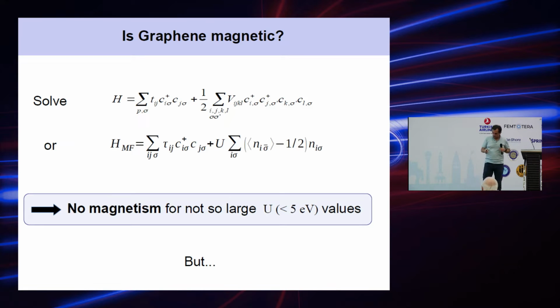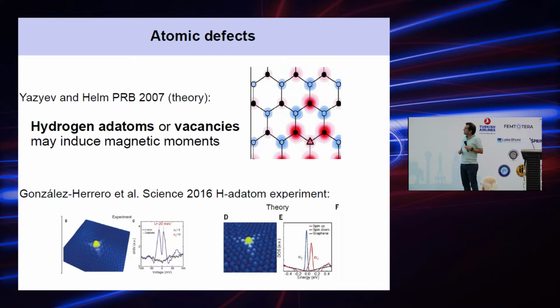Before talking about artificial graphene, the short answer is no. If you do the calculation, for instance, using some mean field theory, for realistic values of the Hubbard parameter U, which is lower than 5 electron volt for real graphene, there is no magnetization in graphene, except that it was predicted in 2007 that if you have some atomic defects, such as vacancies or add atoms in graphene, there will be a magnetization induced around the atomic defect.